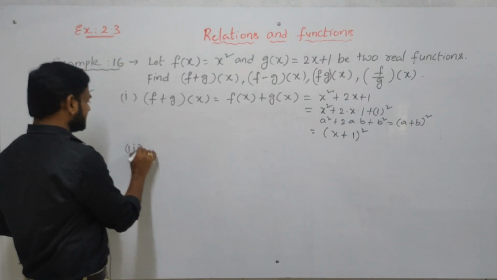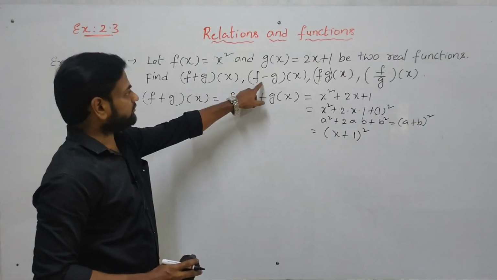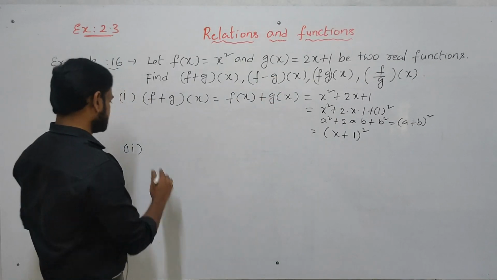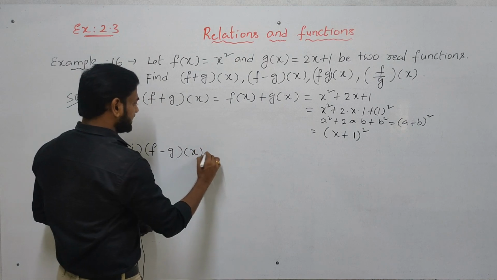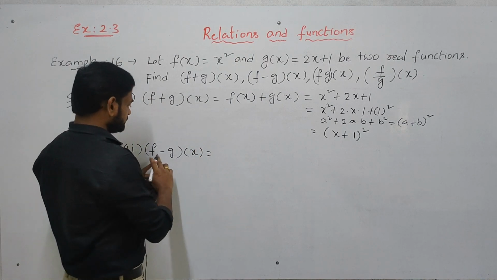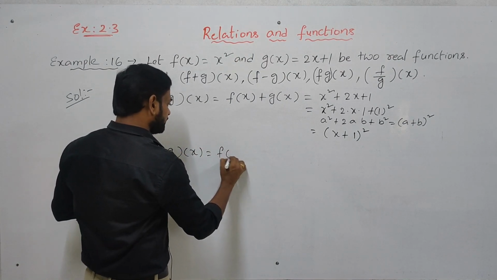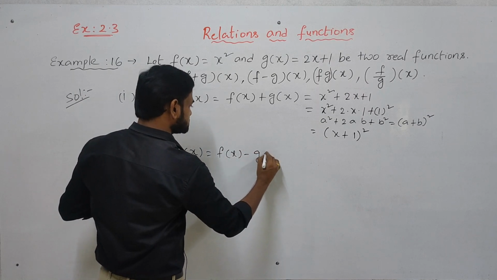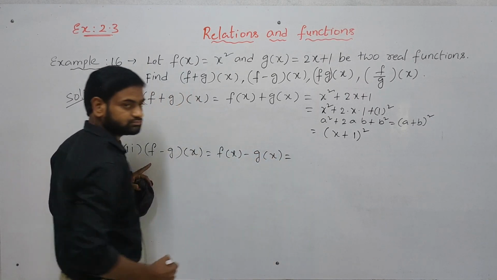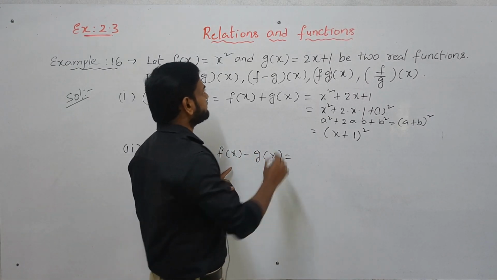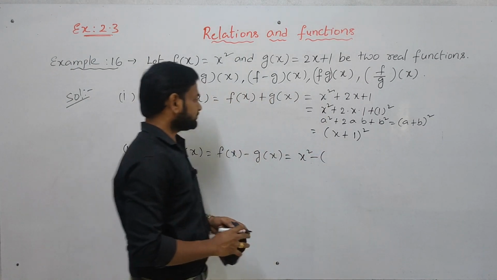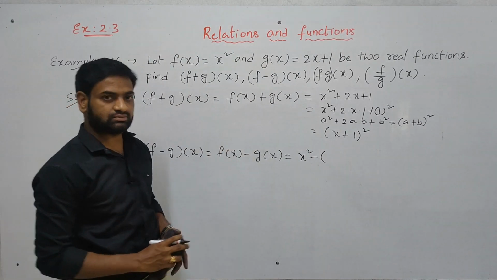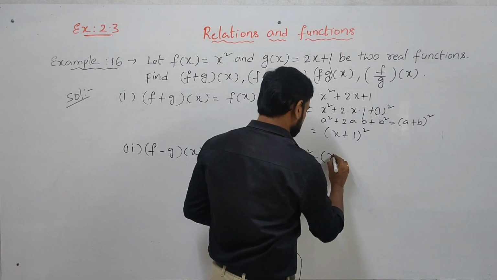Next, the second is f minus g of x. f minus g of x is equal to f of x minus g of x. f of x is x square minus g of x, which is 2x plus 1.